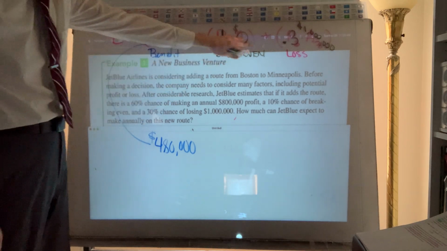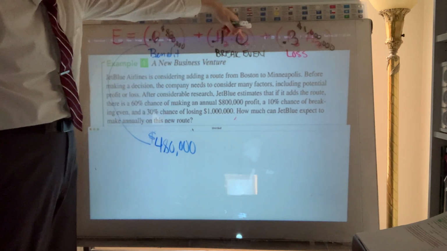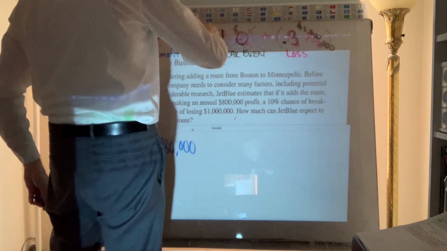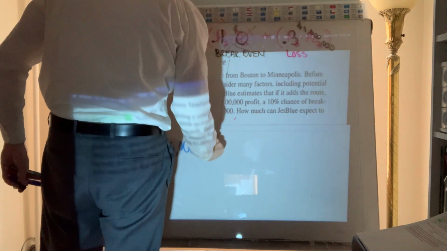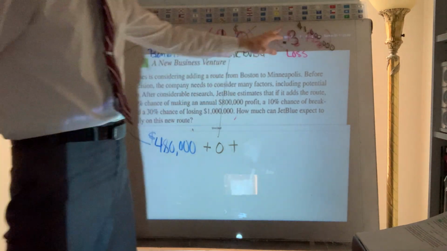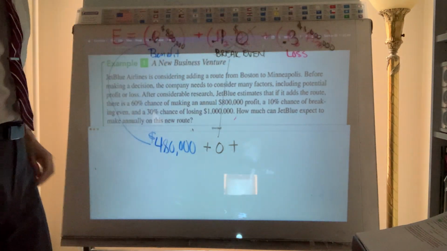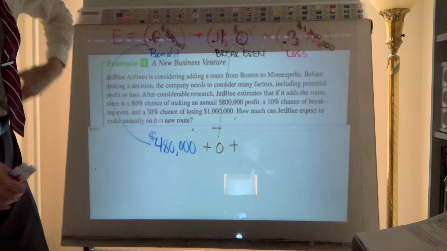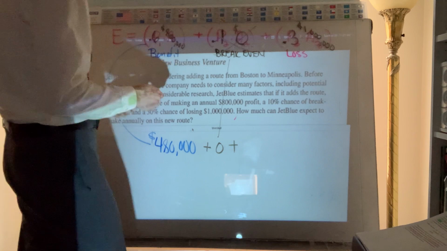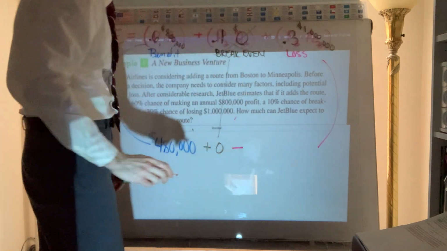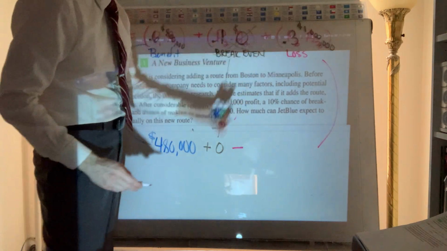The break even, you don't need a calculator because it's 0 times whatever the percentage is. So this basically is excluded entirely. You don't even have to worry about it. And then 0.3 times a million would be 300,000.